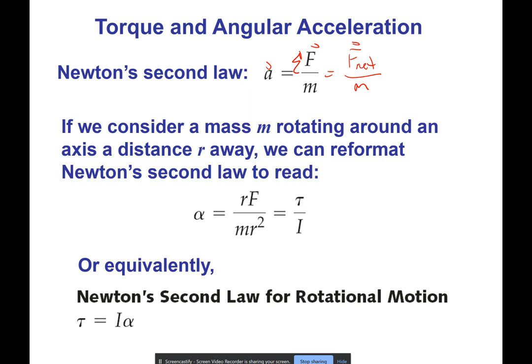Now, you just change your variables to the rotational part. So your a equivalent is alpha, your force is equivalent to torque, and your m is equivalent to your moment of inertia, which is I. To be a little bit more specific, your torque is force times R, which if you remember, V equals R times omega, and X equals theta times R. So if you're trying to get to the rotation, you just multiply the linear by the radius and you get your rotational part, except for your moment of inertia.